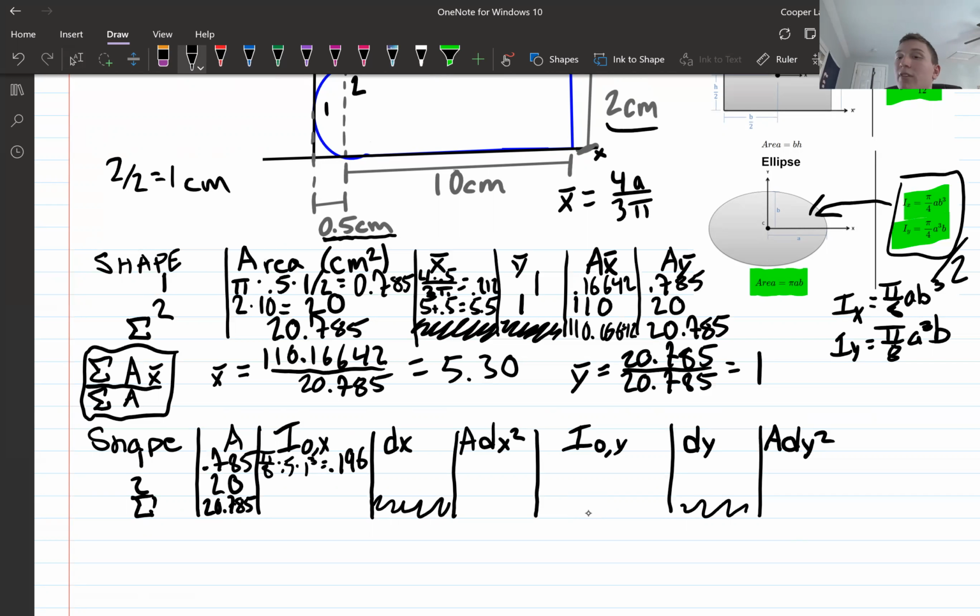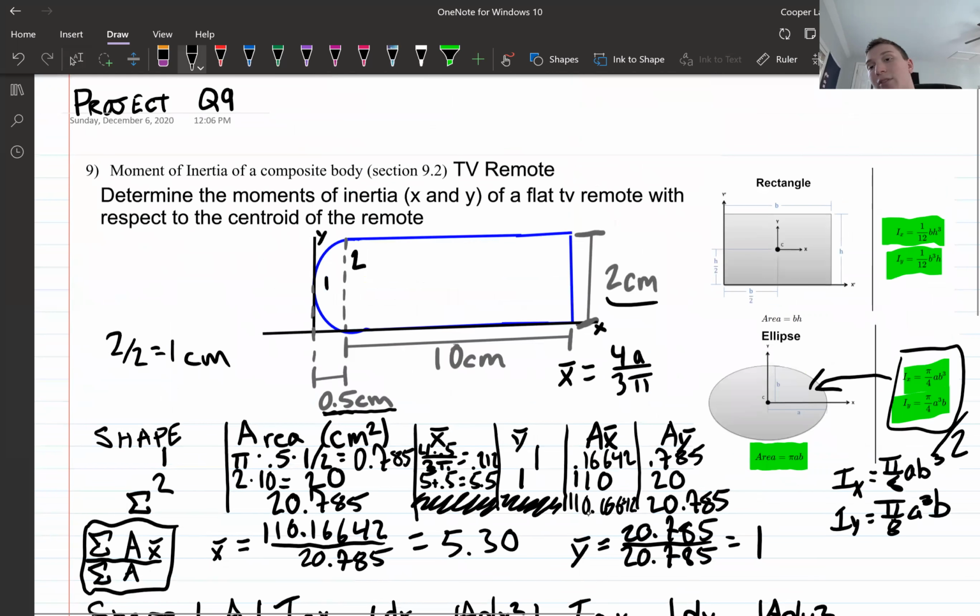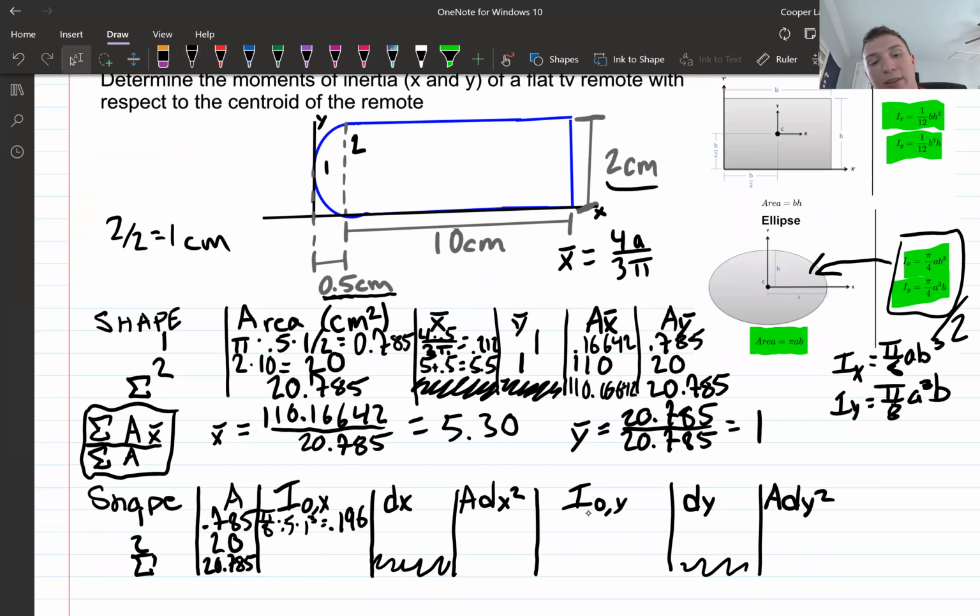So now we're going to move on and do the same thing, but this time for a rectangle. A rectangle uses this formula up here, 1 divided by 12 times b h cubed. We know our base is 10, so we're going to do 1/12 times 10 times our height cubed, which is 2, times 2 cubed.